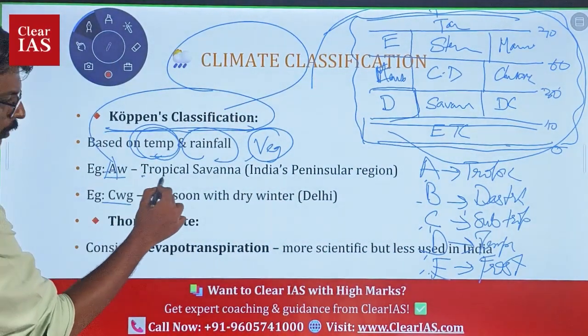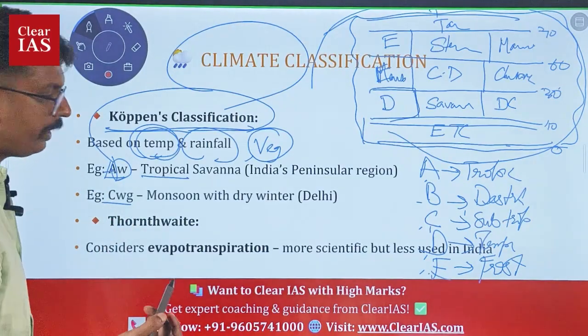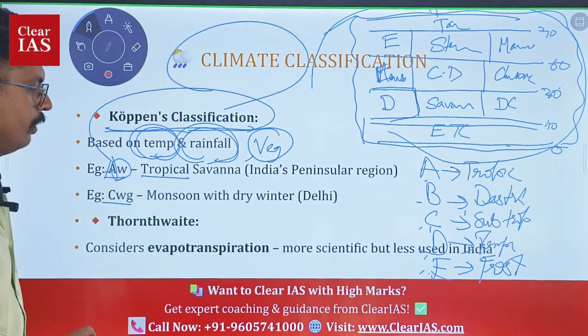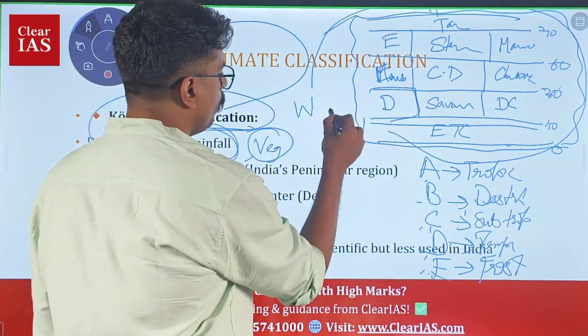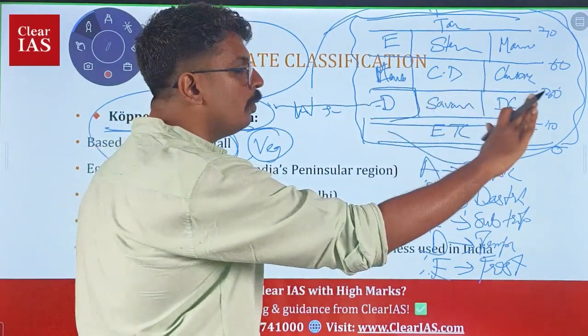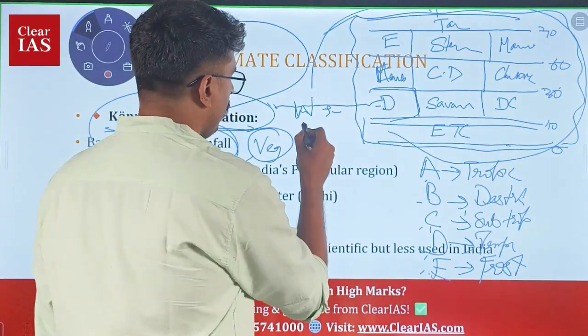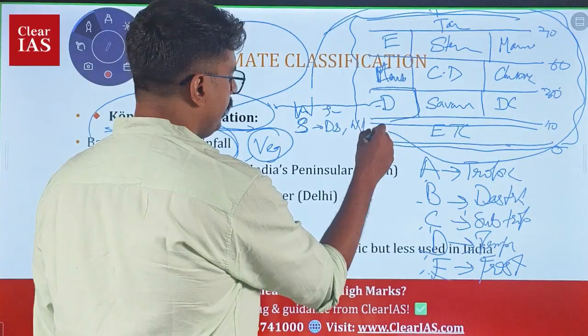Capital A means tropical. Then the second letter shows what kind of rainfall is there. Small w showed that rainfall is dry winter, wet summer; small s, dry summer, wet winter.